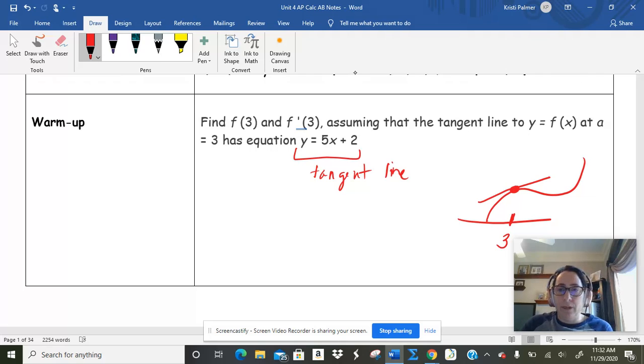So here, if I wanted to know what f prime of 3 was, that would have had to have been the slope. And if I want to know what f of 3 was, remember they share that common point. So all I have to do is plug it in because it's going to share the point here.